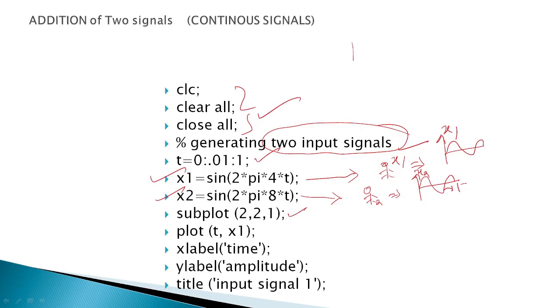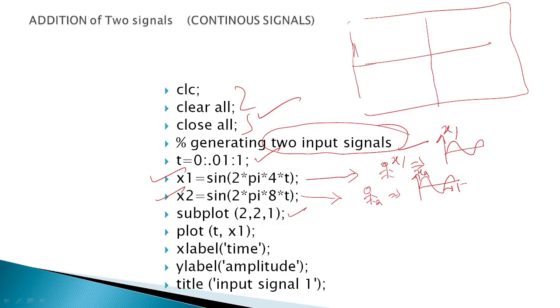So we have generated the two signals here, and to plot that, subplot of 2, 2, 1. The meaning is, out of the total screen, 2 rows and 2 columns and the first diagram. What is the first diagram? That is plot t comma x1. That's signal 1.